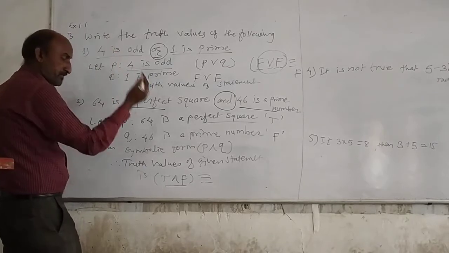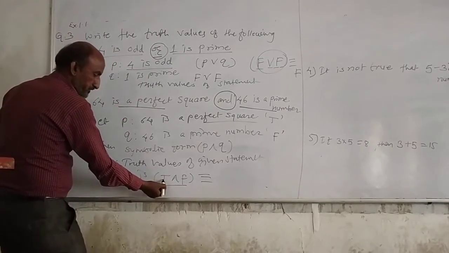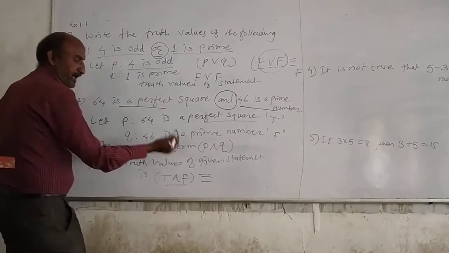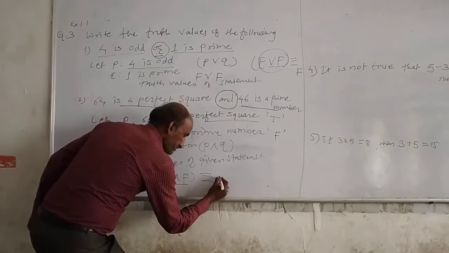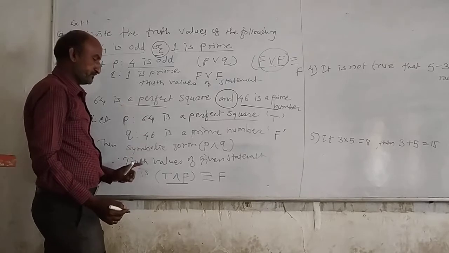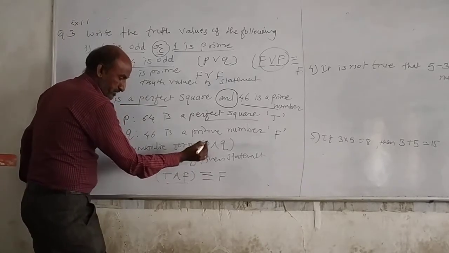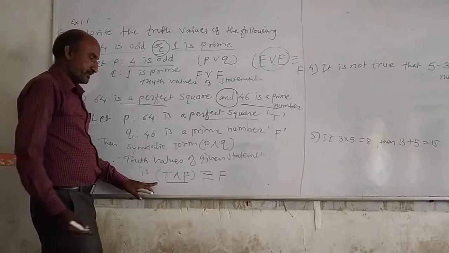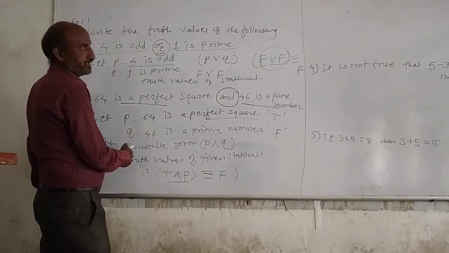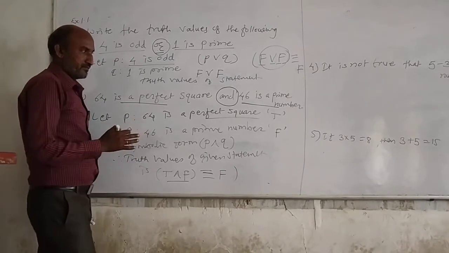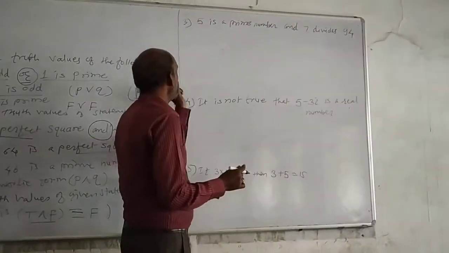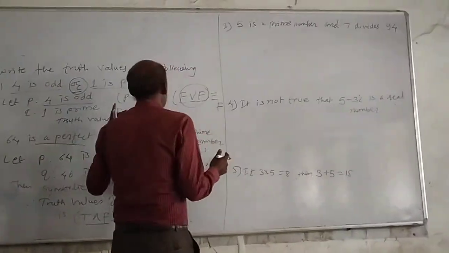Keep it in your mind. Remember that when the first statement is true and the second statement is false, at that time the given statement is false. This is the rule of AND. This is the truth value of the given statement. Understood? Try to understand. It is a simple concept: only true and false and some connectives.